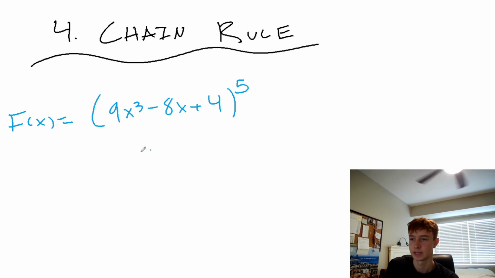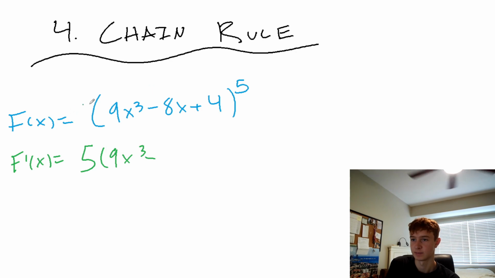So what we need to do is apply the chain rule. First we're going to take the derivative of the outer function like we just did. So let me write f prime of x equals. The derivative of the outer function can be found using the power rule. So we're going to multiply 5 times 9x cubed minus 8x plus 4 to the power of 4, right, 5 minus 1.